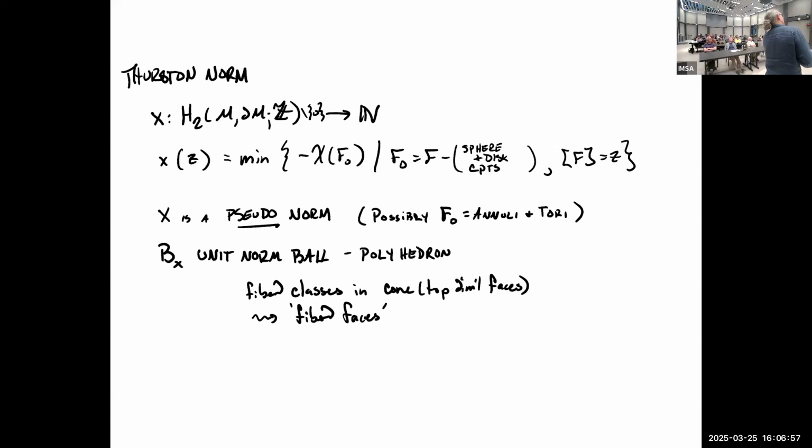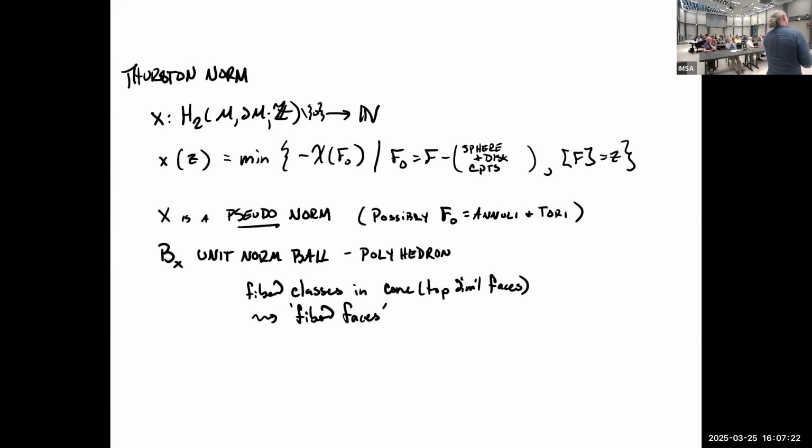So it's actually a pseudo norm instead of an honest norm. But Thurston showed that, aside from being a pseudo norm, where maybe you have your class realized by annuli and tori, this function x is actually a norm that extends over to real coefficients as well.